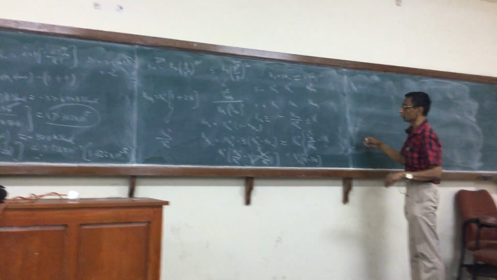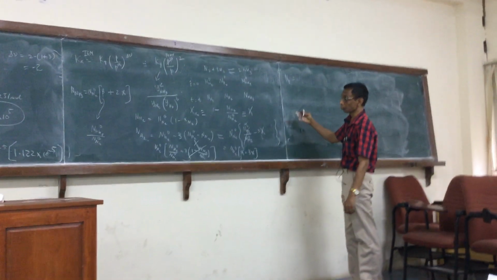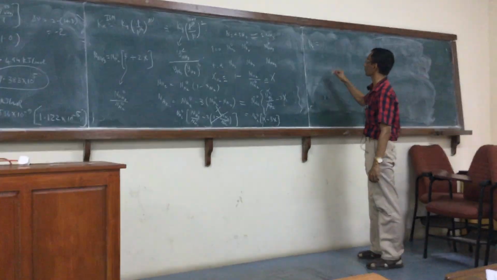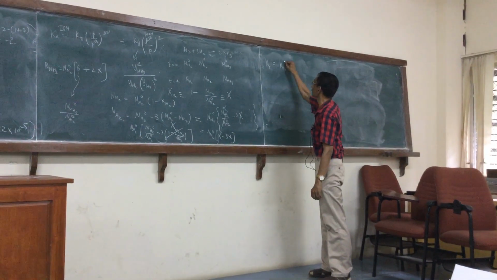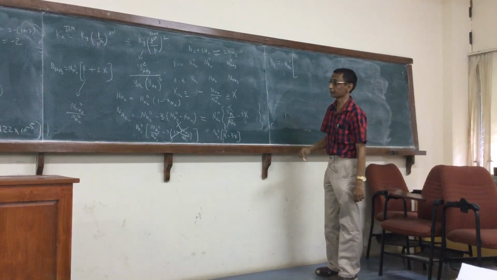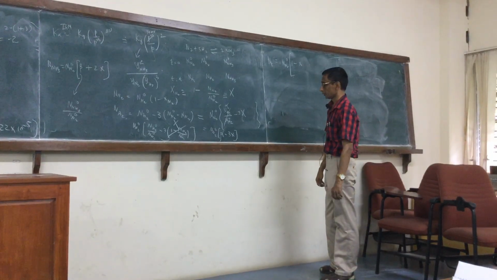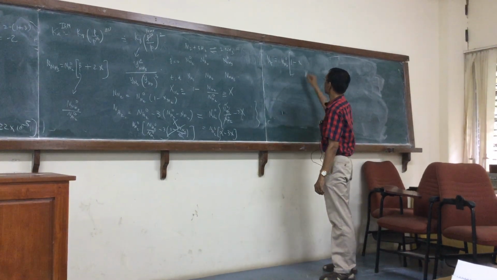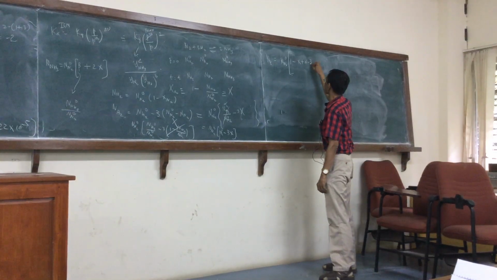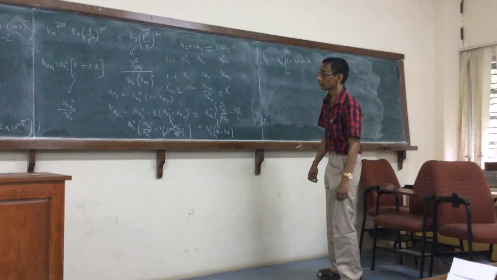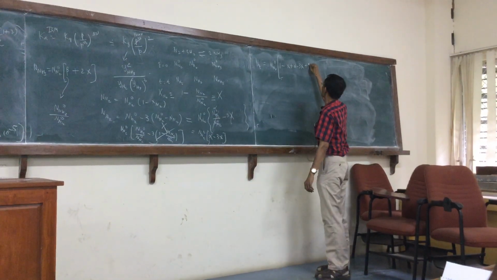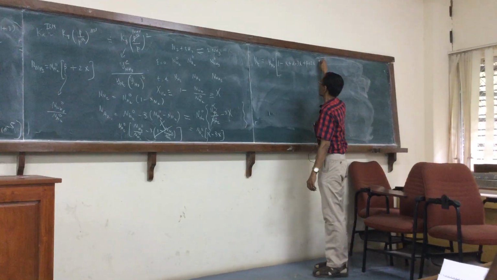So n total is n_N2 plus n_H2 plus n_NH3. So this will be n_N2 naught, I can take that as a constant factor, times 1 minus x, plus alpha minus 3x, plus beta plus 2x.